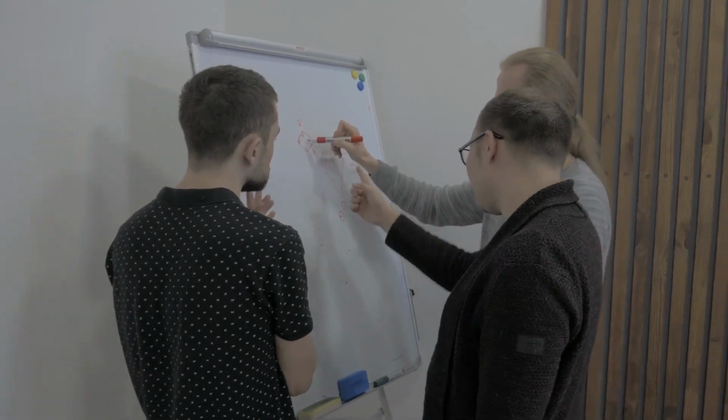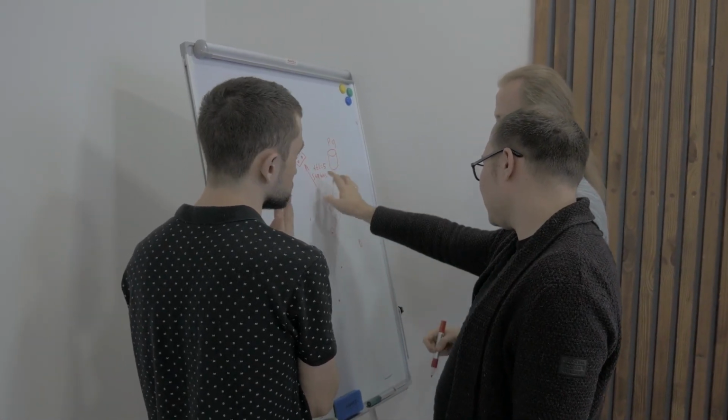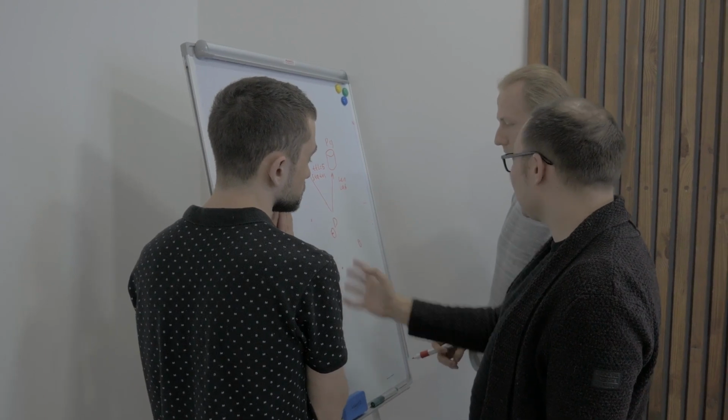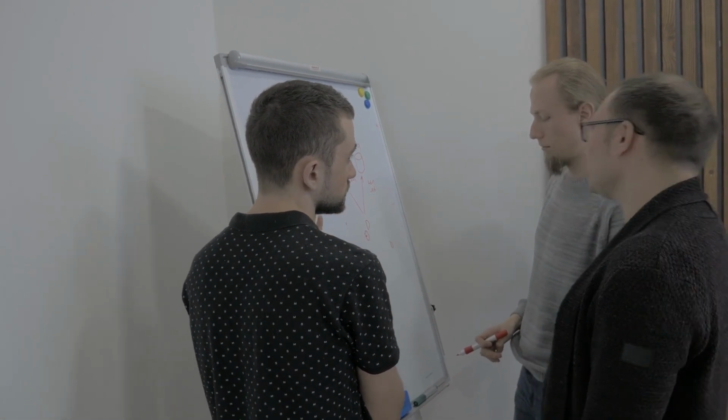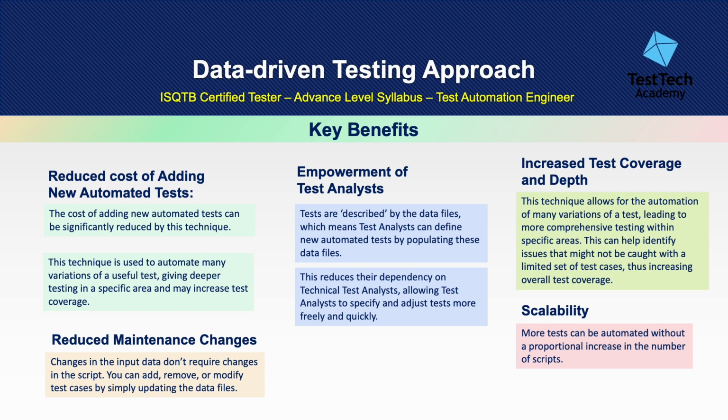As a result, overall test coverage is enhanced. And another benefit is scalability, as more tests can be automated without a proportional increase in the number of scripts. You can write one test script and give different variations of input data to test different scenarios.